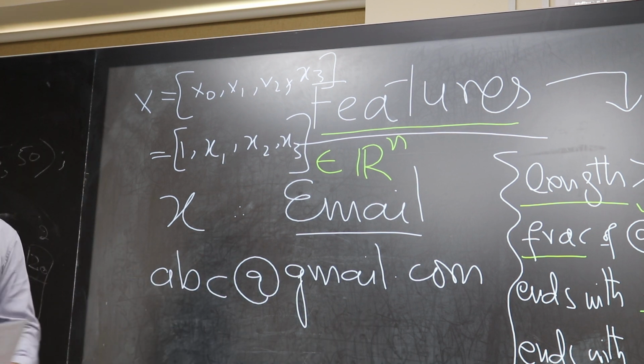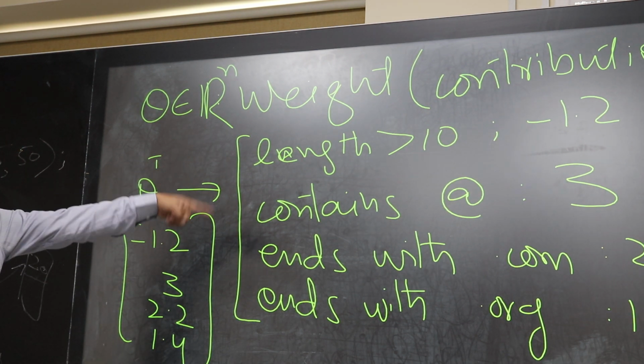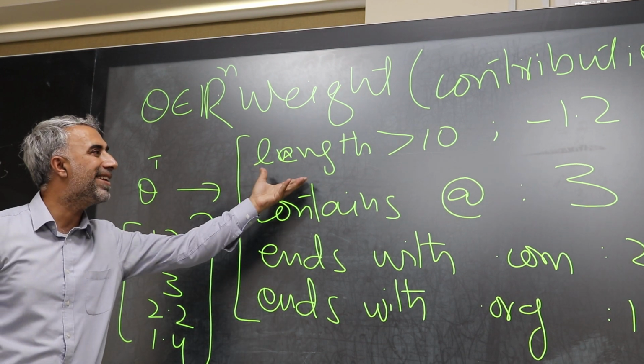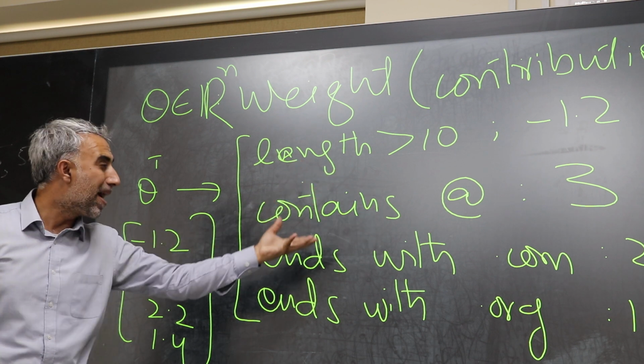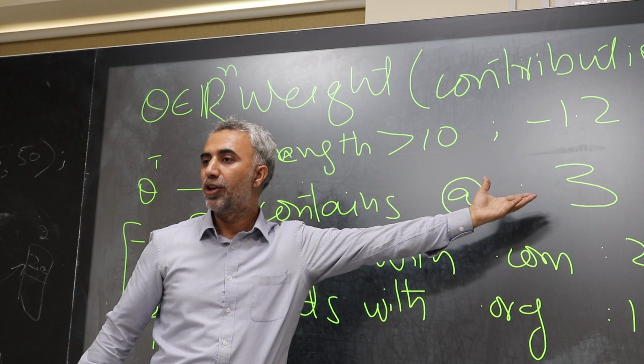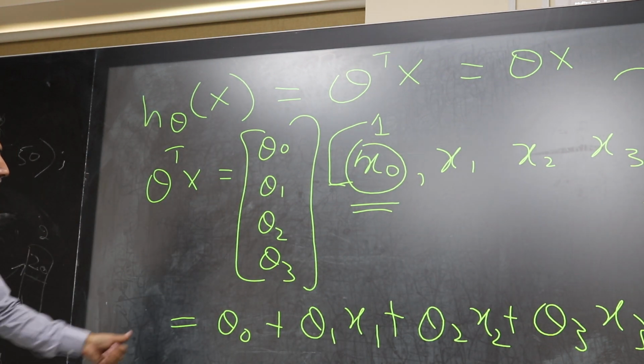These will have a dot product with the weights, because the weights are the contribution of the features. This feature has less weight, but every email has the at-the-rate, so we give a huge weight to it. We are multiplying these together.